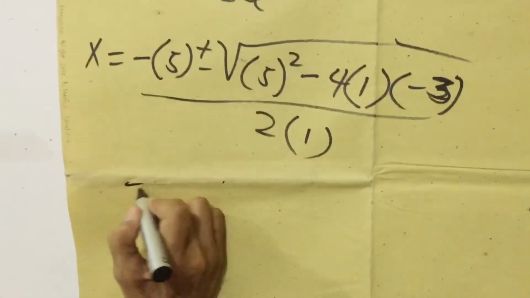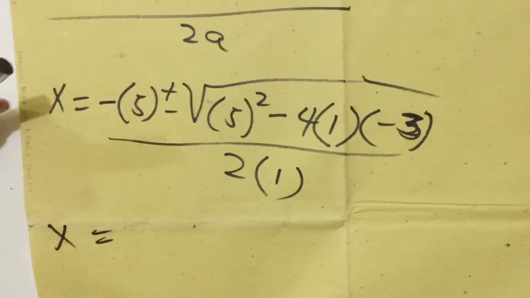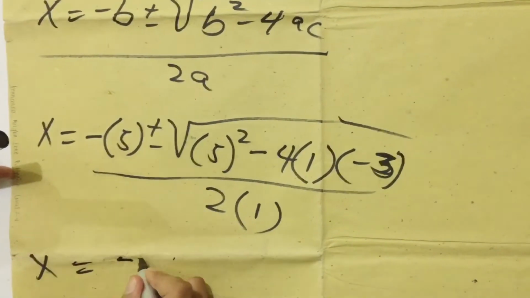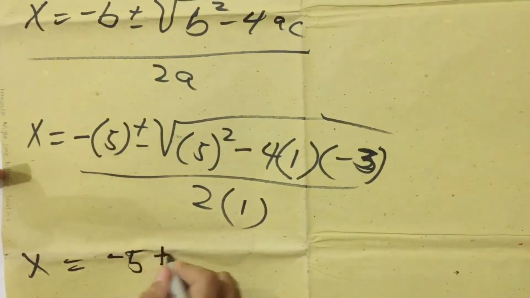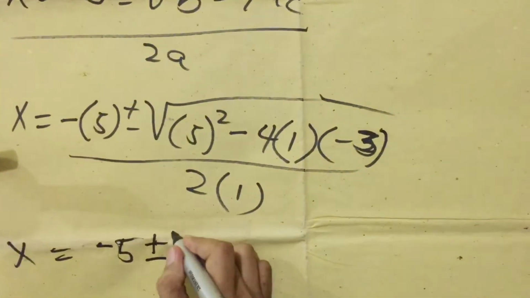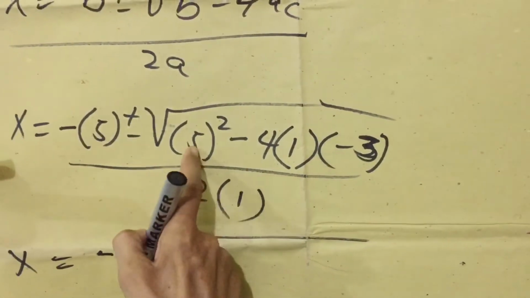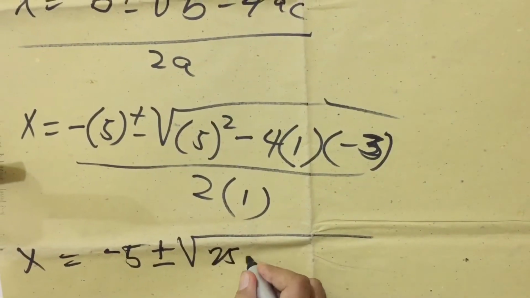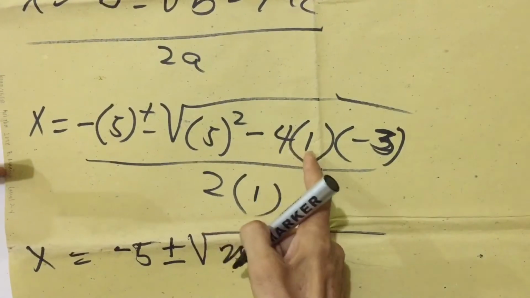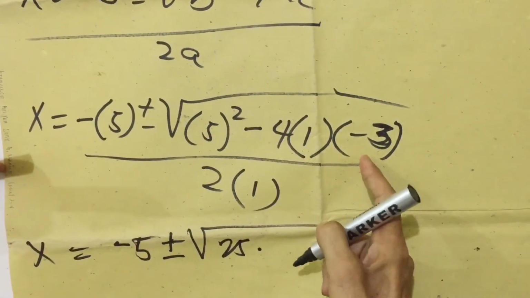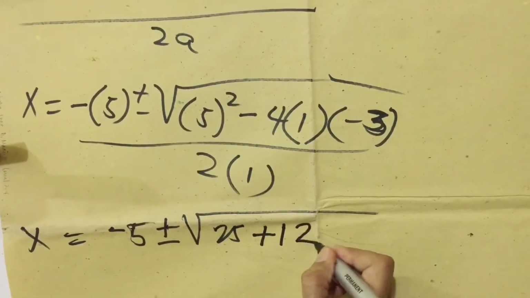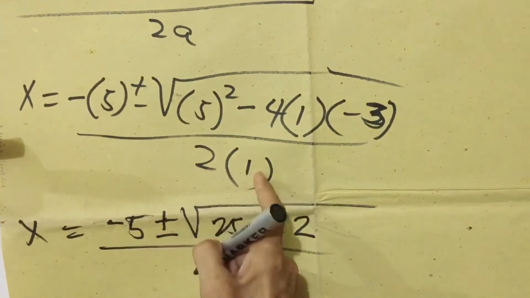Then we're going to simplify. x equals negative times positive 5 equals negative 5, and positive negative square root, 5 times 5 equals 25, then negative 4 times 1 is negative 4, times negative 3 is positive 12, all over 2 times 1 equals 2.